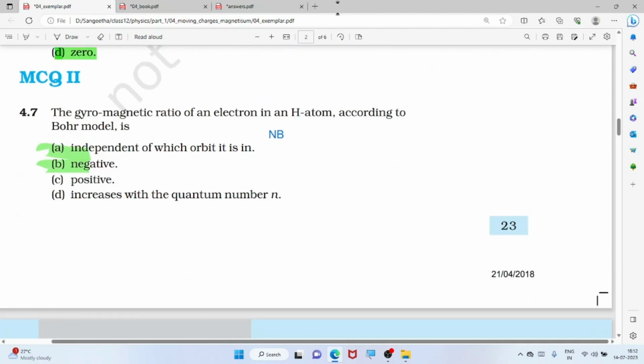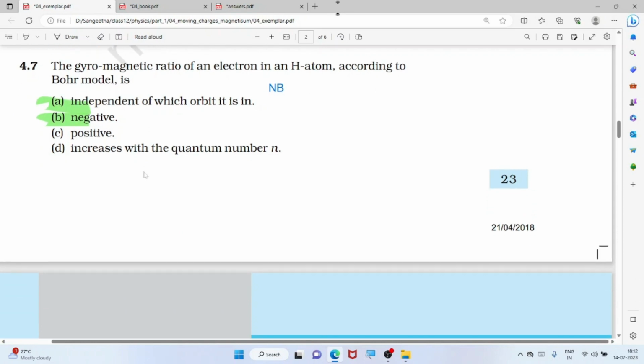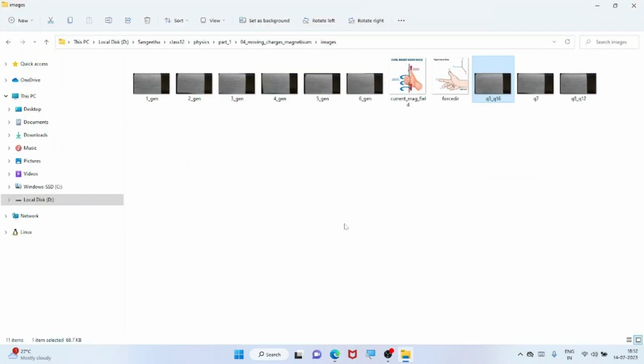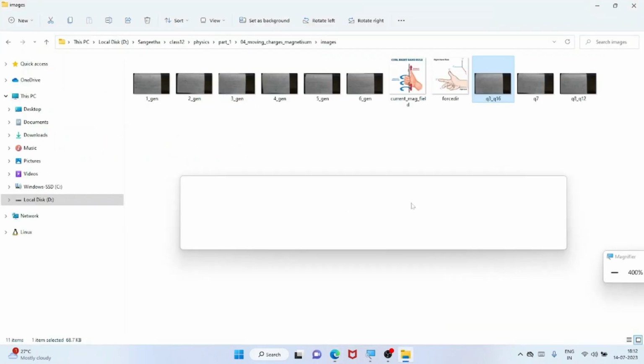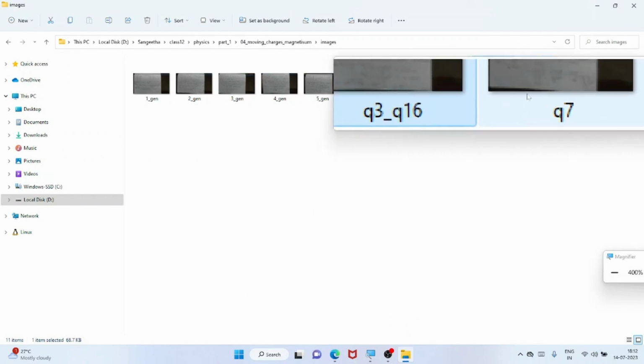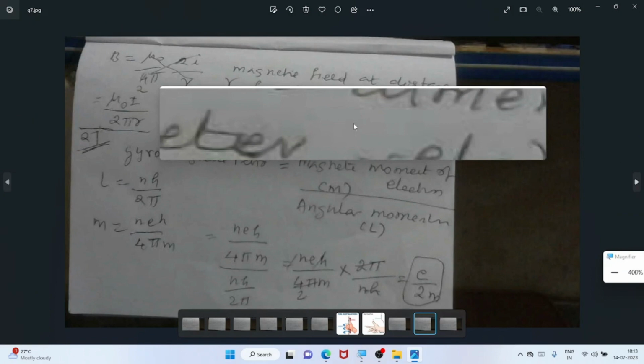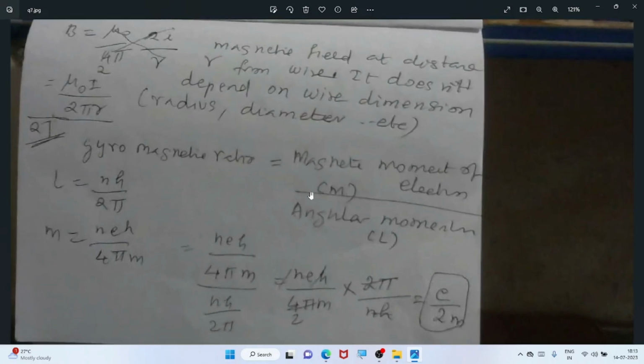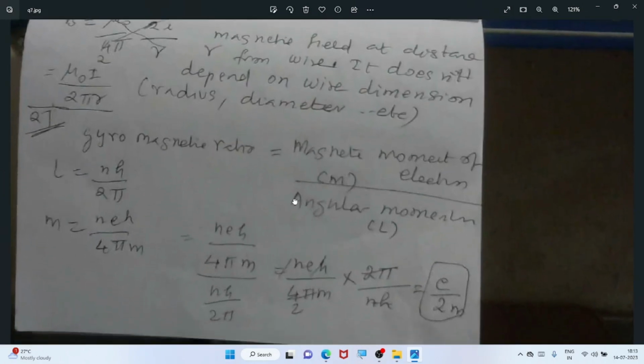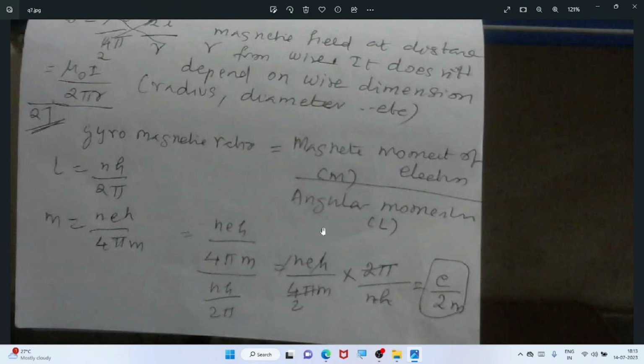The gyromagnetic ratio of the electron in an H atom according to Bohr's model. Here is the formula: magnetic moment of the electron divided by the angular momentum of the electron.